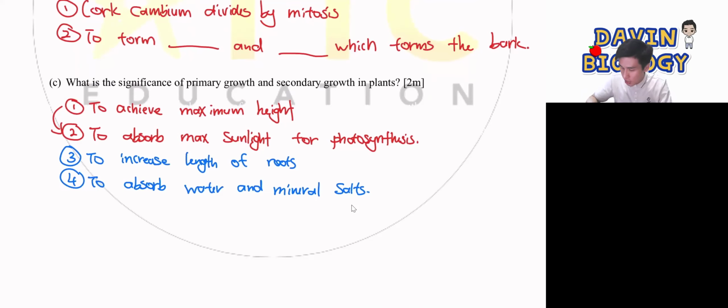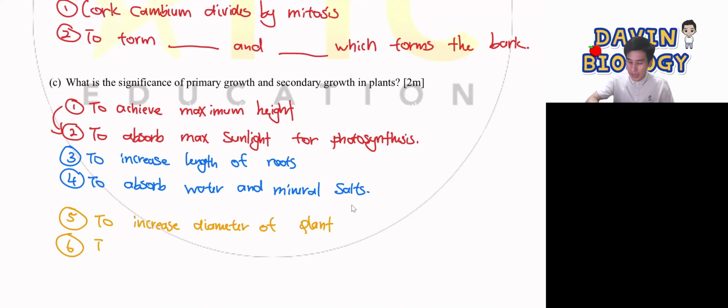But for secondary growth, it's to increase the diameter of the plant. Diameter basically provides mechanical strength, mechanical support.